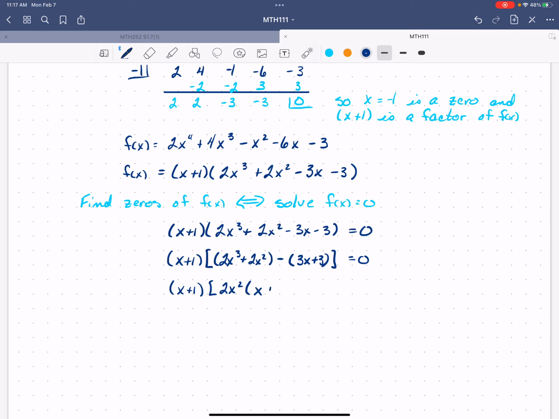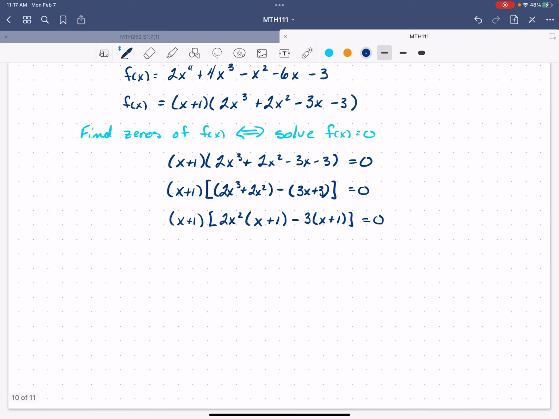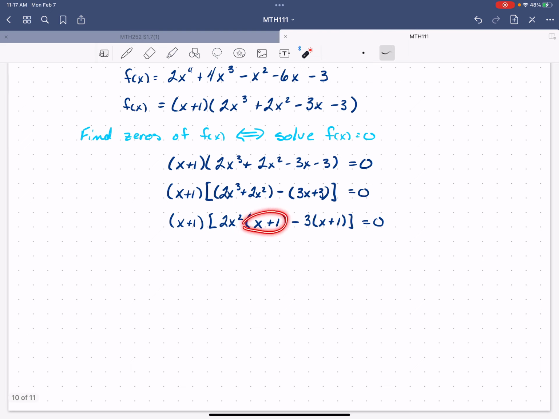That leaves me x plus 1. Minus, I'm going to pull a 3 out of that second group, and that gives me an x plus 1. And now I've got an x plus 1 in both of these two terms, so I can factor that out. So what I have here really is x plus 1 times x plus 1 times 2x squared minus 3.